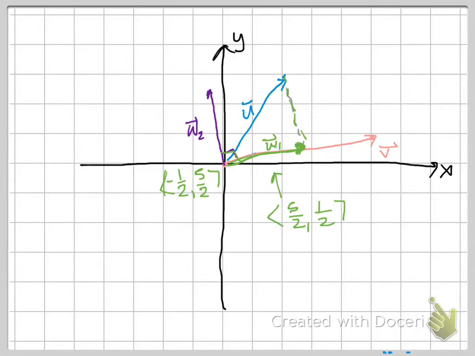Also, remember, when we take the sum of two vectors, we take w1 and we draw w2 at the end of w1. Let me use purple. So this is w2, and the sum of w1 and w2 is exactly u.